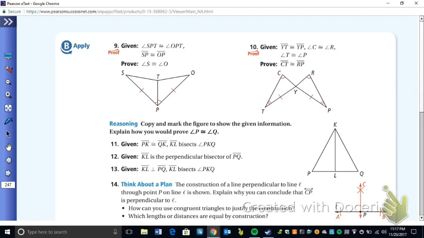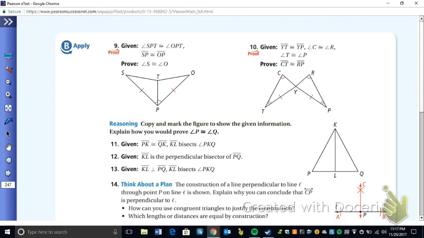KL, still KL, so that would also give us SAS, because you have side, angle, side, side, angle, side. Again, once we prove that KPL is congruent to KQL, we prove that P and Q are congruent.